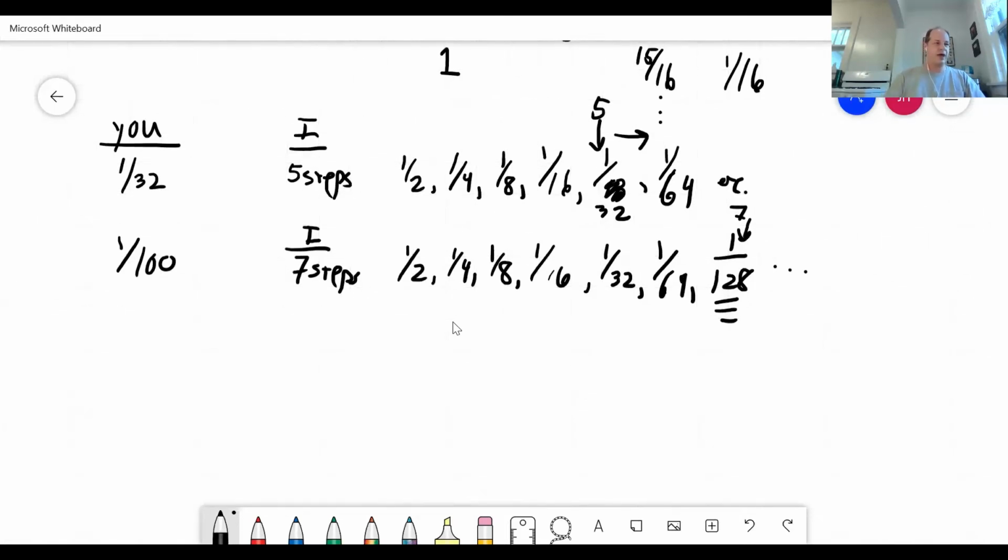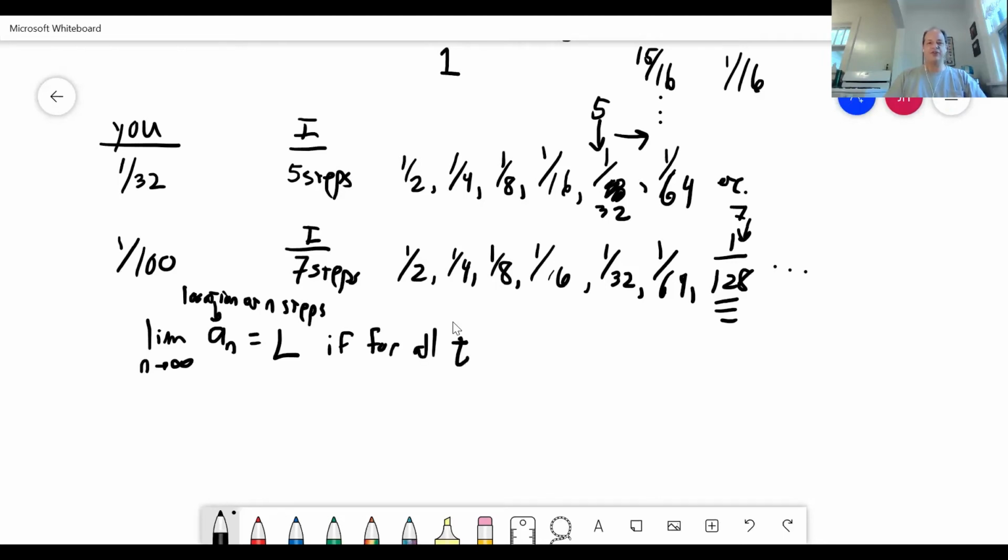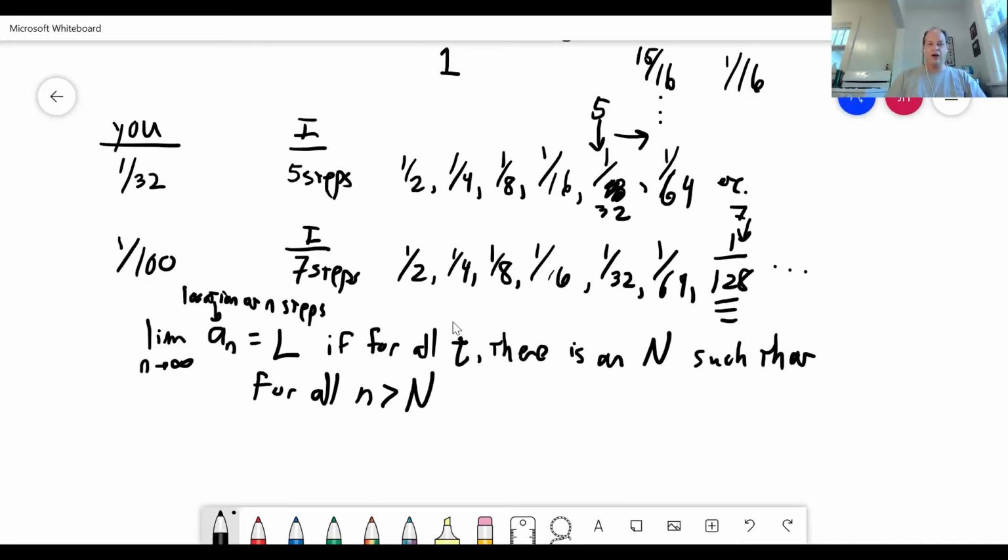So to write this in sort of some mathematical terms, we're going to say the limit as the number of steps goes to infinity of a sub n, and this is going to be like our location at n steps, is, we'll use L for the limit, if for all, and we'll say T for tolerance, for all T that you give me, there is an N, that's number of steps, such that for all steps after that, all little n bigger than N, the distance between our step location and that limit point is less than the tolerance.